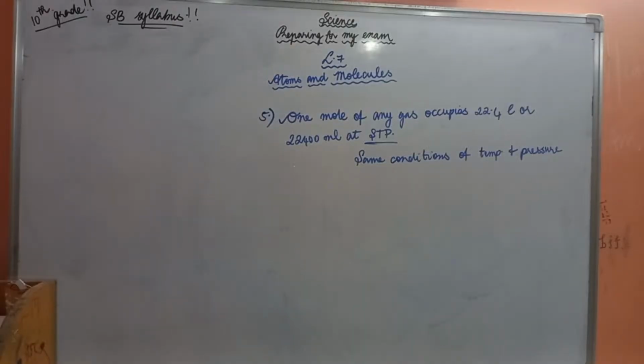So 1 mole of any gas occupies 22.4 liters or 22,400 ml at STP.